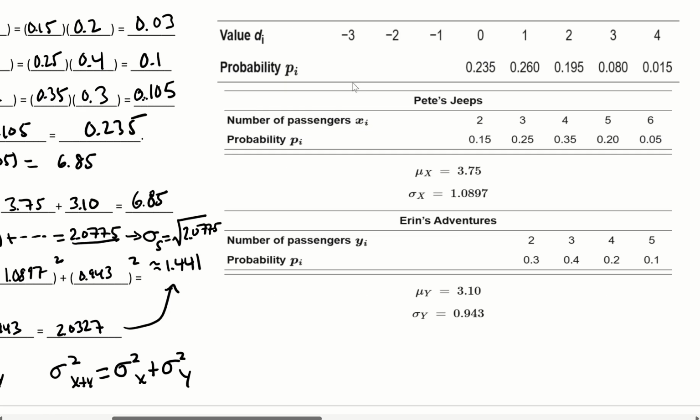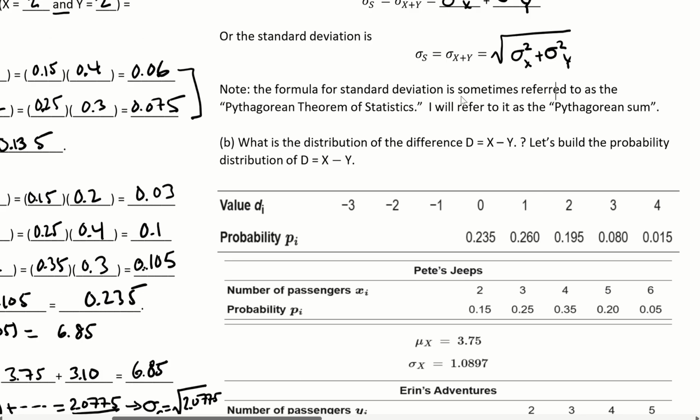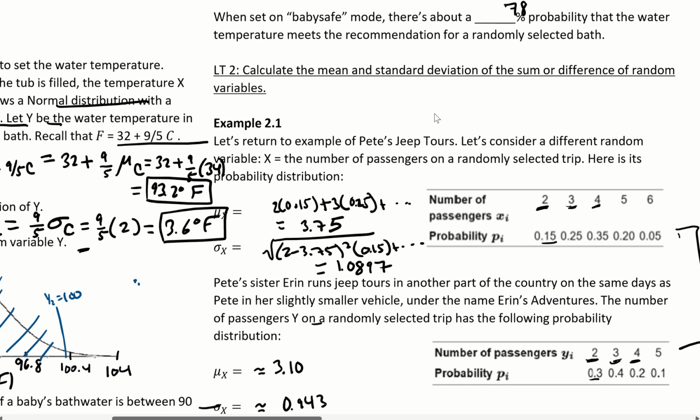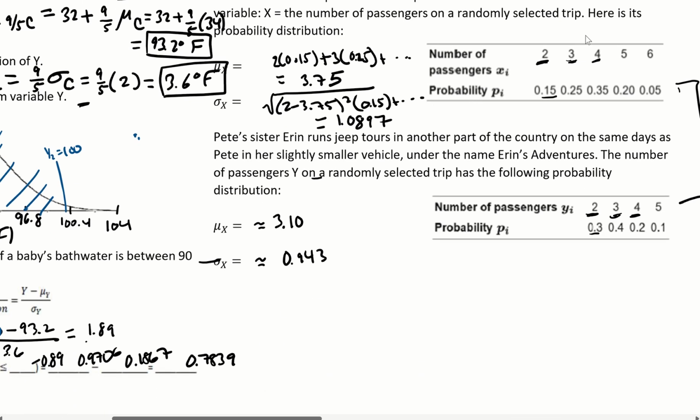How do we get a difference of 0? Well, this is going to be a little easier because I can just scroll up now. I take the difference of 3 minus 3, which is 0. Then I multiply this probability times this probability, 0.25 times 0.4, and that's how I get the answer for that.